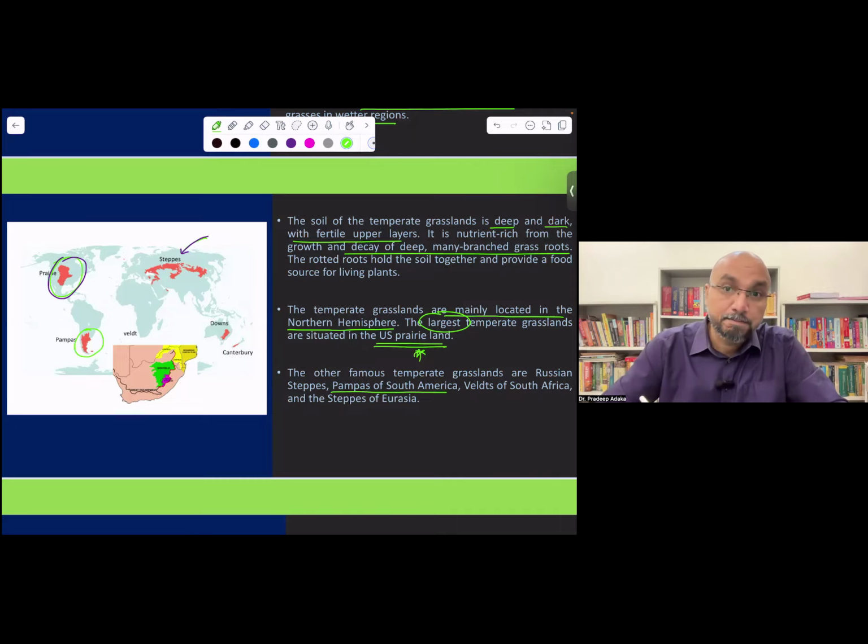Llanos and campos are tropical, while pampas is the temperate grassland. They are known as veld in South Africa. This is a magnified image of South Africa. In Australia, they are known as downs.